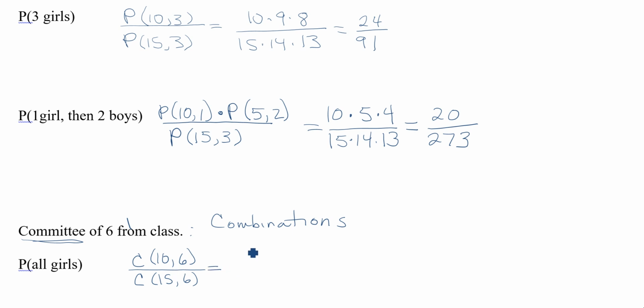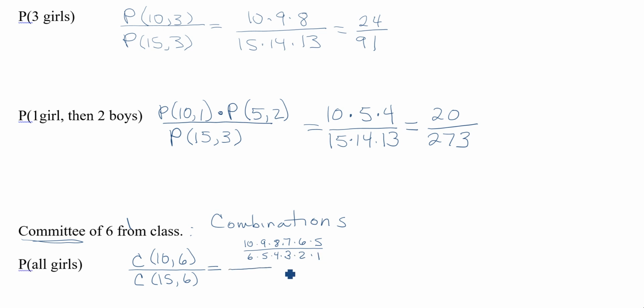let's see, combination 10, 6 would be 10, 9, 8, 7, 6 over 6, 5, 4, 3, 2, 1.